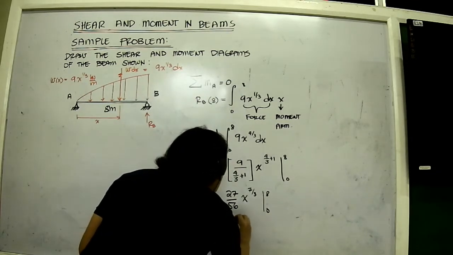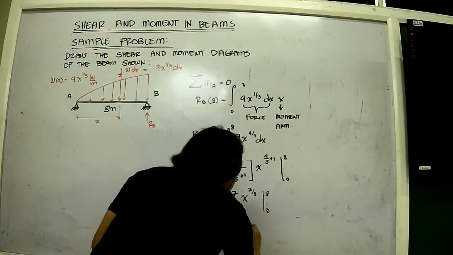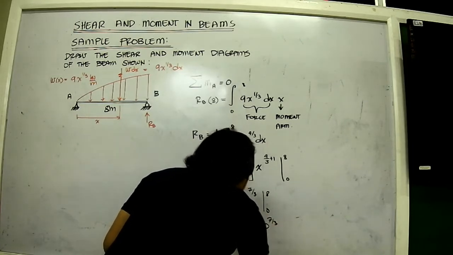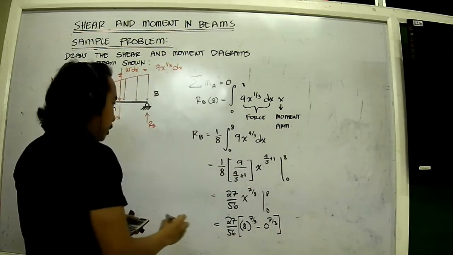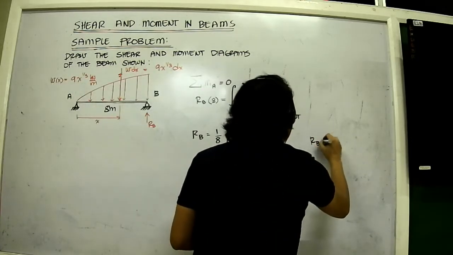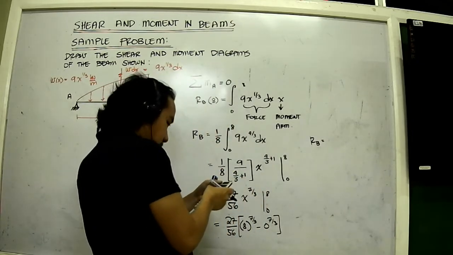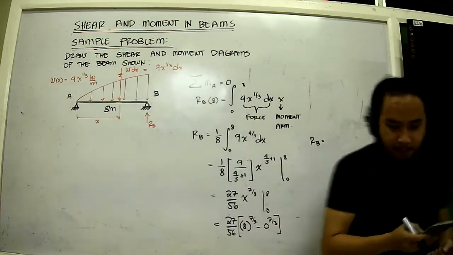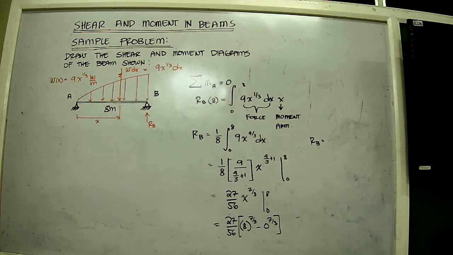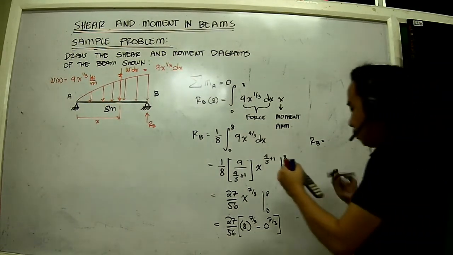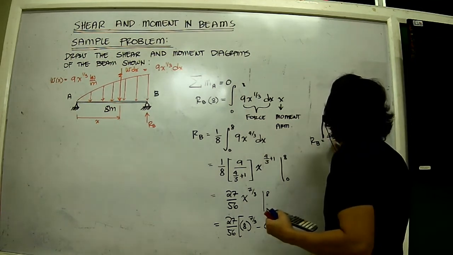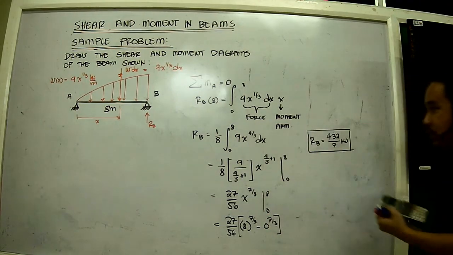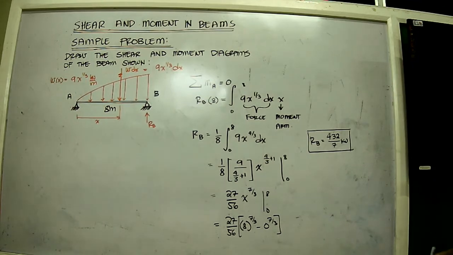Now, this is equal to 27 over 56 times 8^(7/3) minus 0^(7/3). RB therefore is equal to 432 over 7 kilonewtons. So, that is how you solve for the reaction at B.